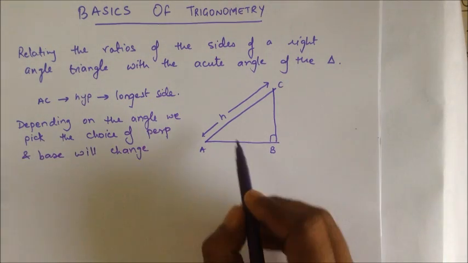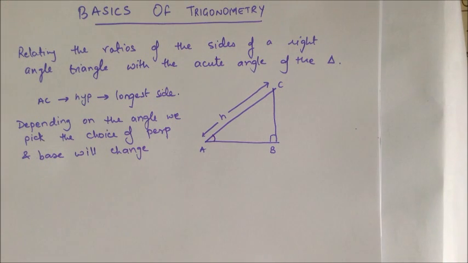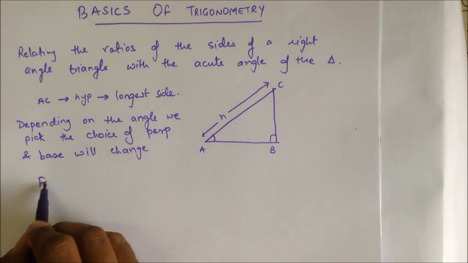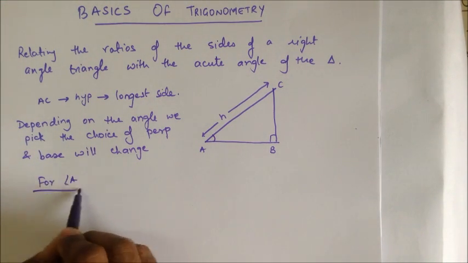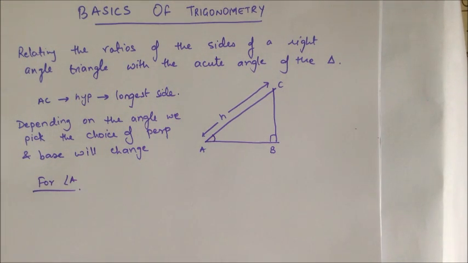So initially, out of the two acute angles, I'll take angle A. Now for angle A, I need to recognize which side is the perpendicular and which side is the base.